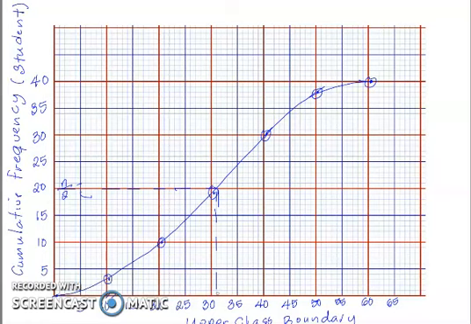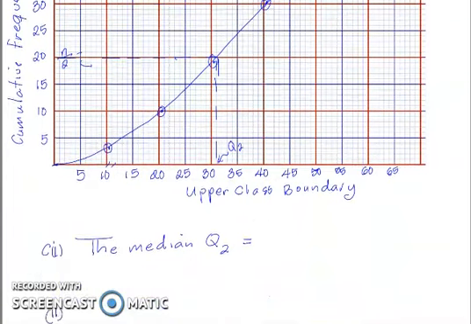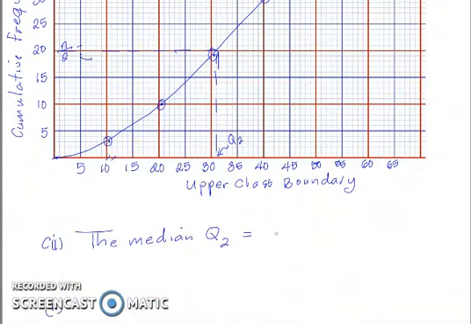The value here is Q2, which is my median. If we're reading this correctly, that value seems to be $31. So the median Q2 is equal to $31. The median amount spent by one student at the canteen for the week is $31.